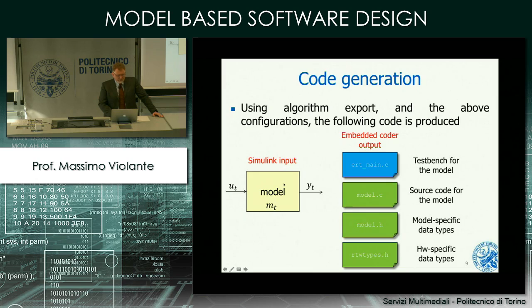So model produces model.c and model.h. Model.c is the source code for the model. So here you have the instructions that implement the functionality corresponding to the Simulink model. Model.h is the header file with the definition of the data structures that model.c uses.